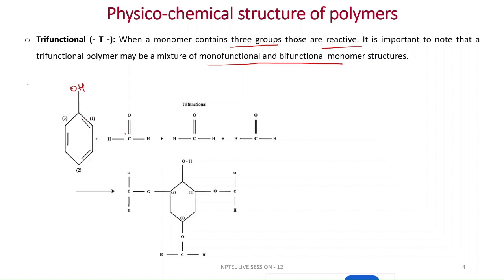So H2O will form and those will be attached to these three ends 1, 2 and 3, and it will form this kind of structure.